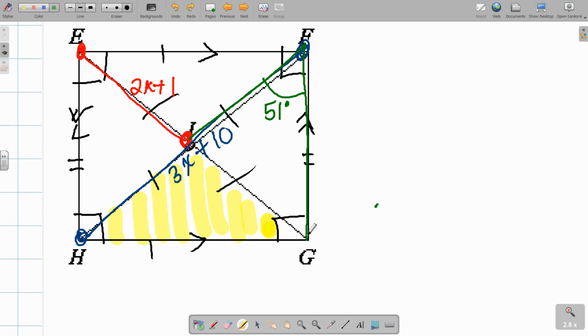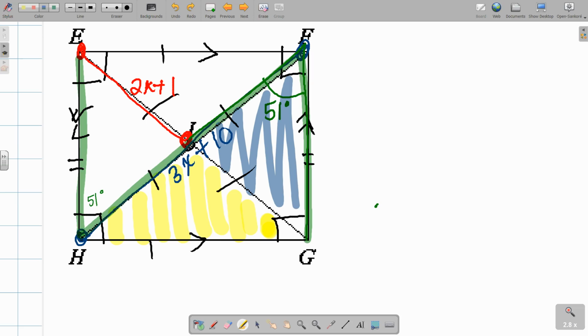Step number 1, because opposite sides are parallel, let's do our armpits of the Z right off the bat. Armpits of the Z. You can instantly see where else that 51 goes. Right here, you also notice we have an isosceles triangle.